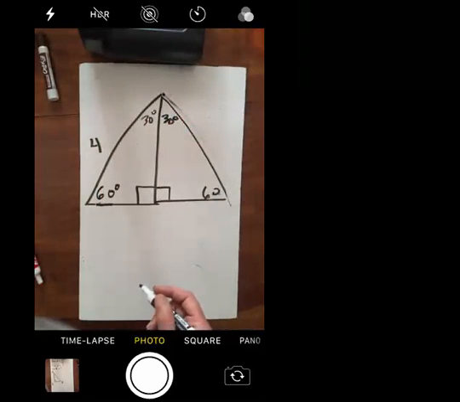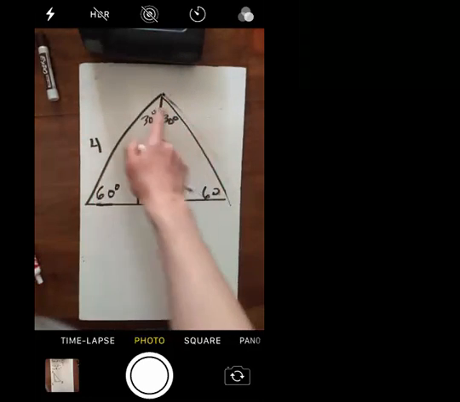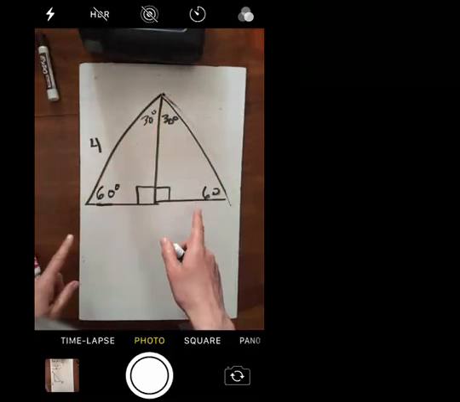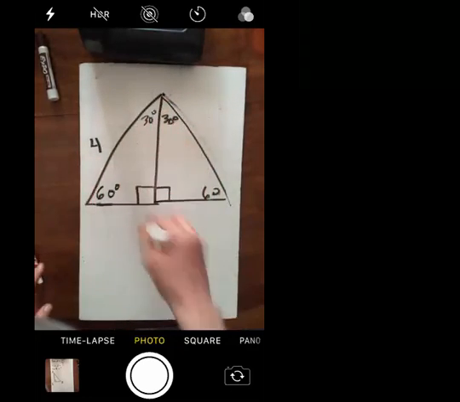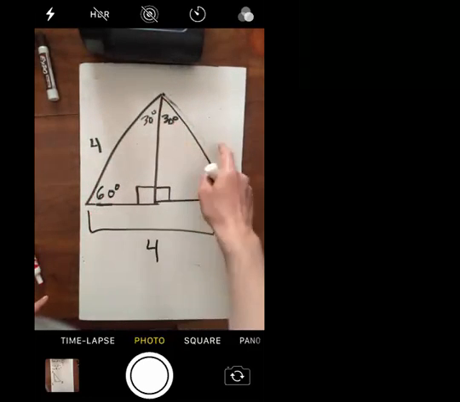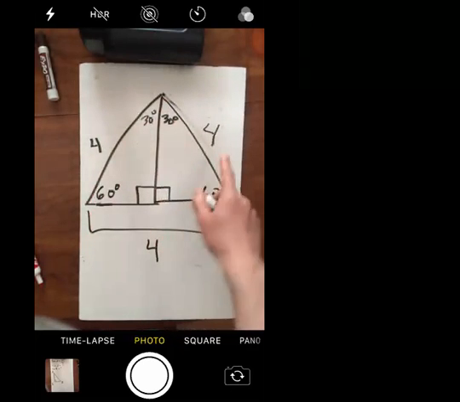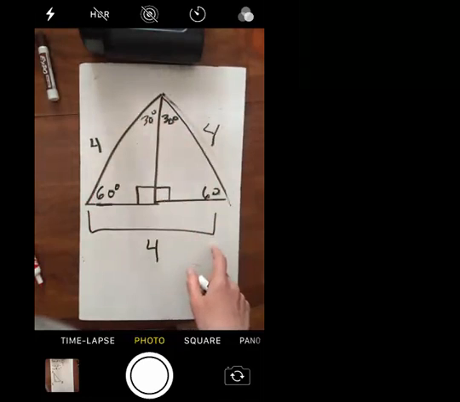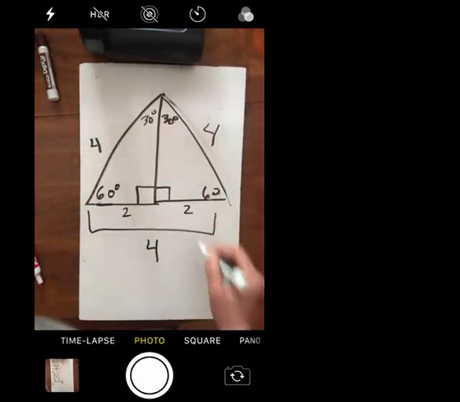Now we should see that we've made an equilateral triangle. With the equilateral triangle, we know that if this side is 4, then across from this 60-degree angle must also be 4. Across from this 60-degree angle must also be 4. The reason it's helpful to know that we have an equilateral triangle with sides equal to 4 is we can then say that if this is 4, then this must be 2 and 2.